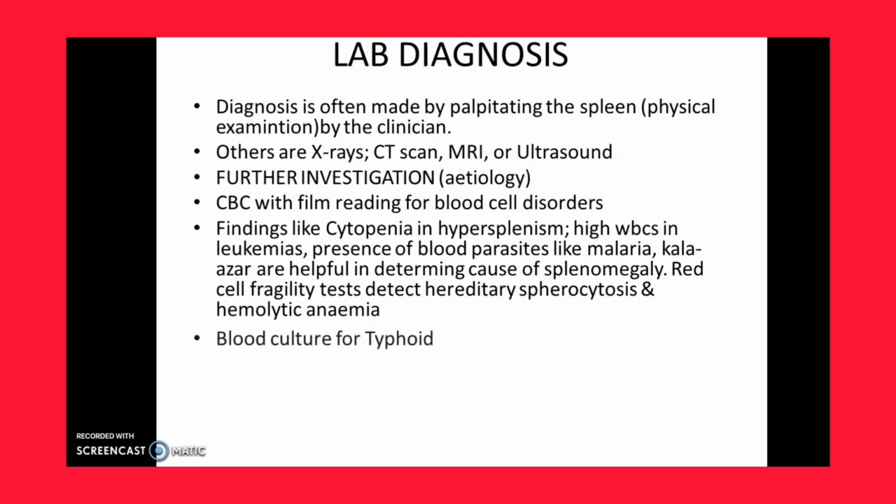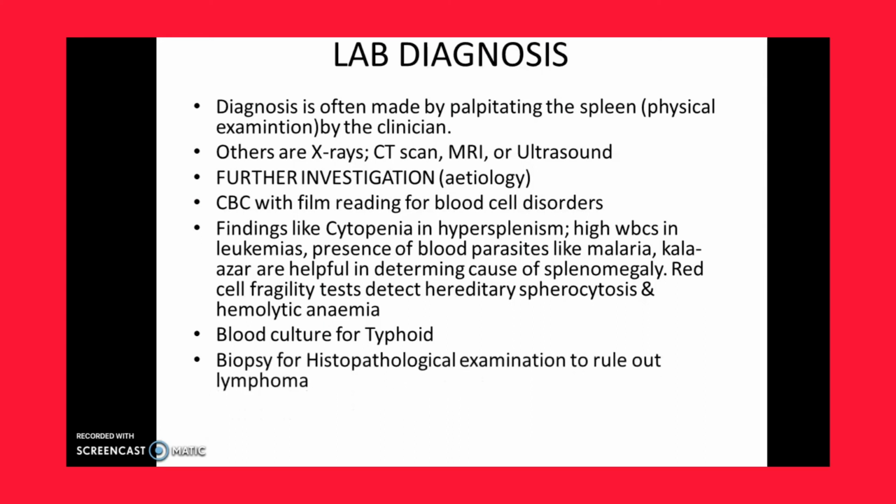That's the fragility test. Blood culture could also help in detecting typhoid caused by Salmonella typhi organisms, and we may also have to take some tissue for biopsy and do histological examination to rule out lymphoma.